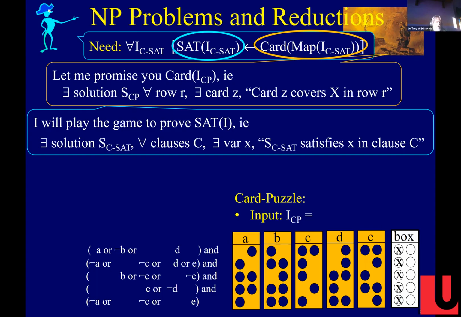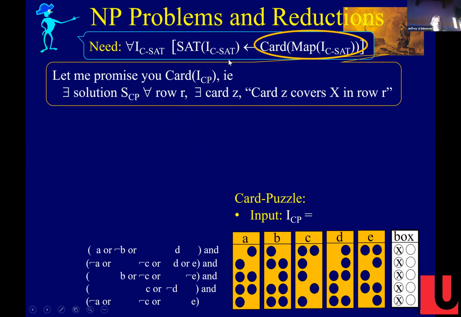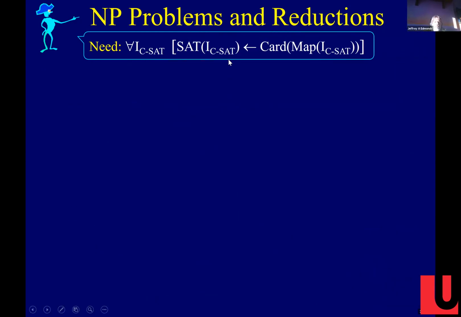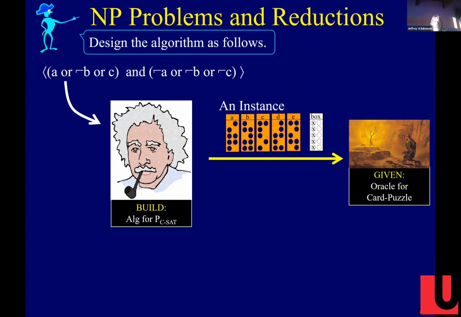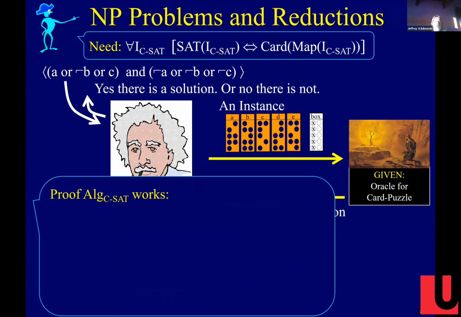Now we also have to prove the other direction. So when we're proving the game, for every bunch of clauses, we also have to prove that if the clauses are satisfiable, then the cards are satisfiable.